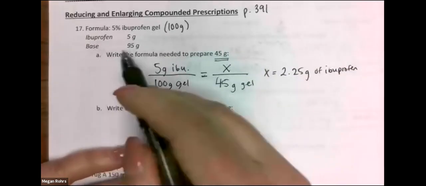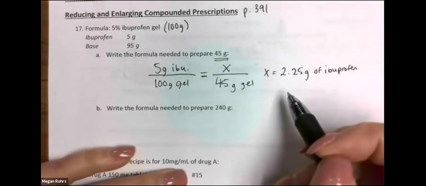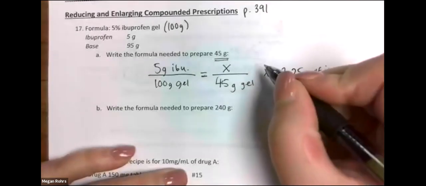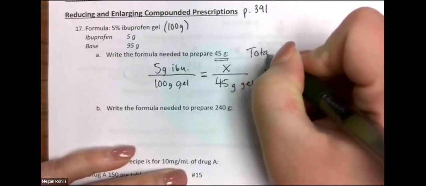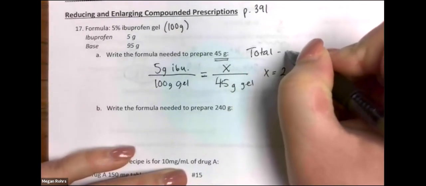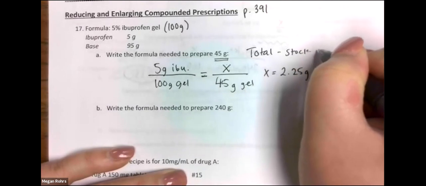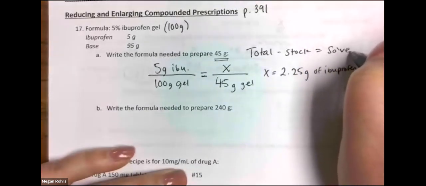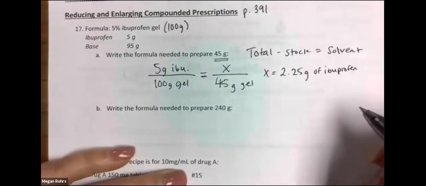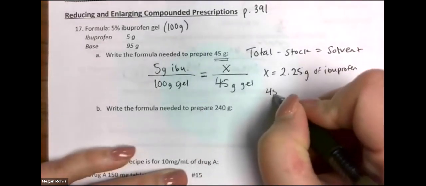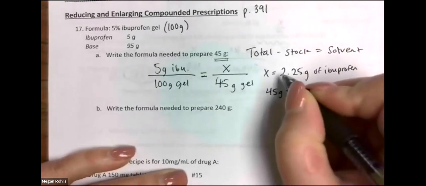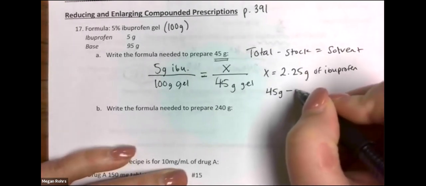Now I need to figure out how much base I would need. Taking it back to what we talked about earlier in the lecture, remember total minus your stock will equal your solvent. So we're trying to make a total of 45 grams minus the stock, which is our ibuprofen.